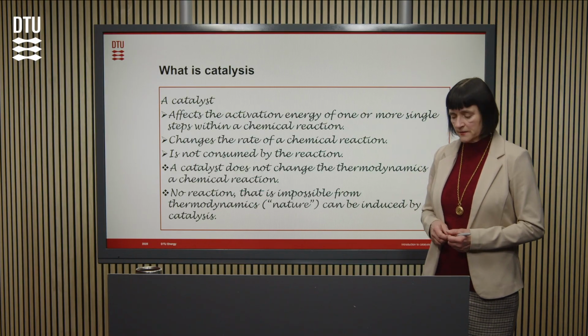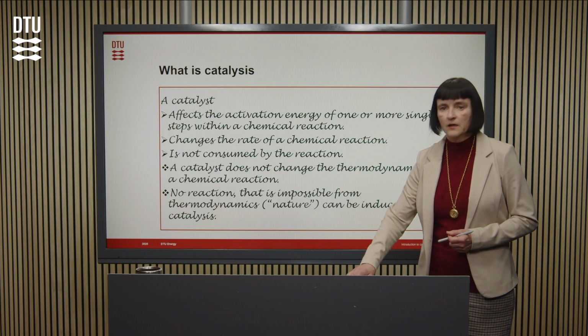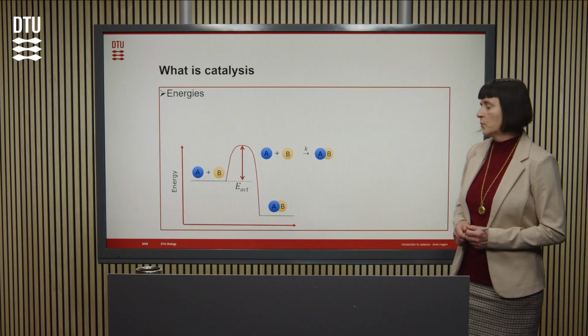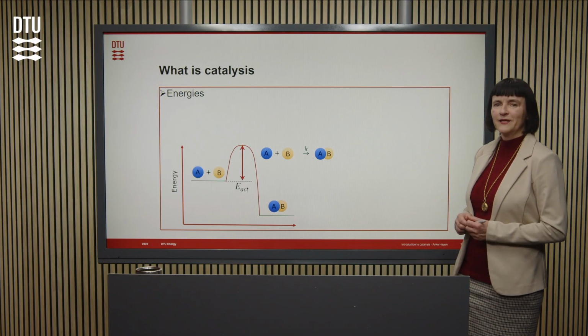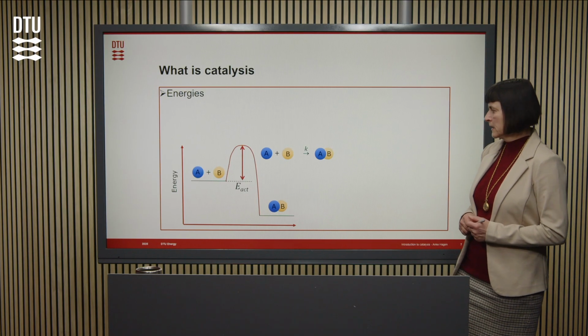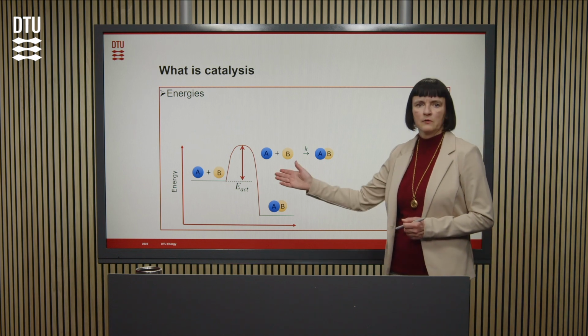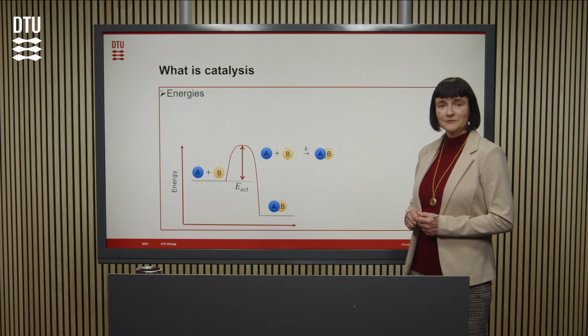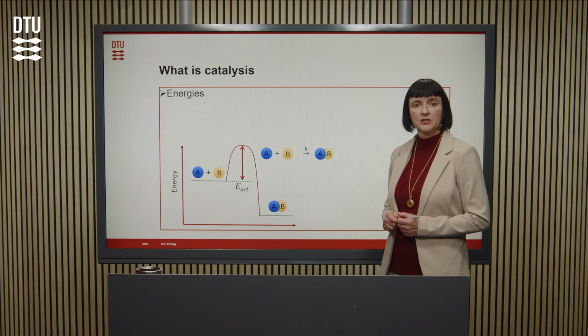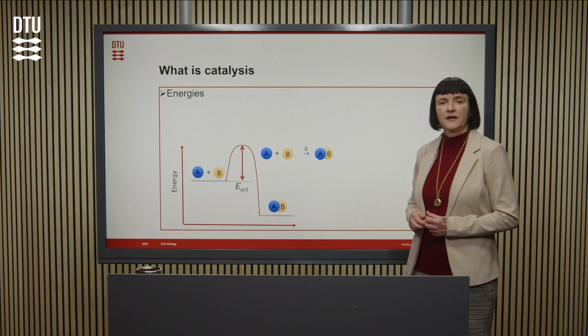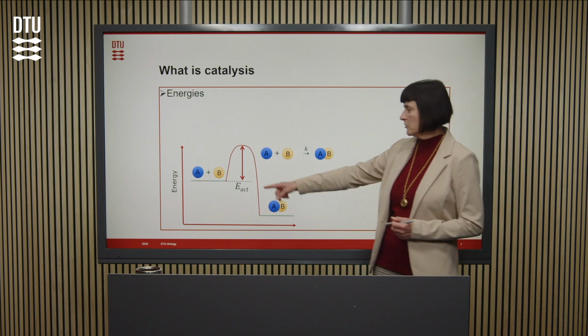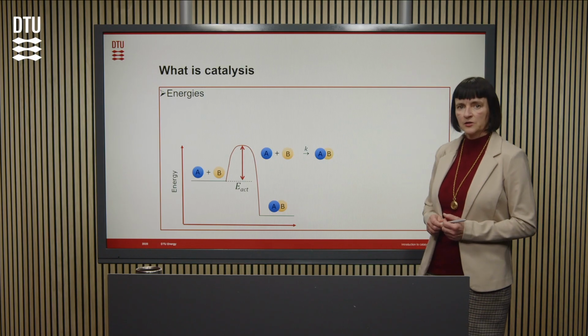This is catalysis. It is a lot about energies, activation energies, and I now draw that in a different way. Here now we have only energies and chemical compounds. A very easy case: we are reacting compound A and B to the final product AB, and you have to overcome an activation energy.